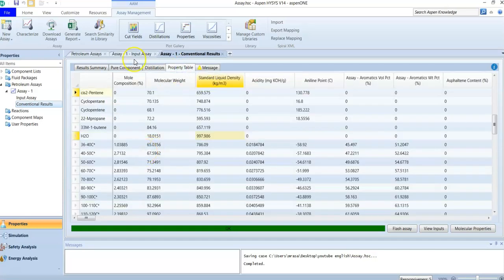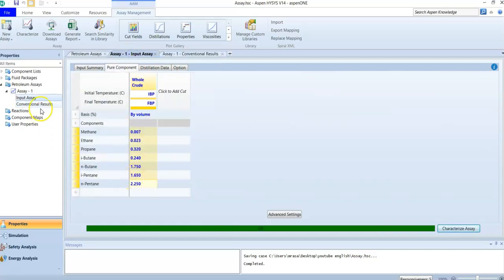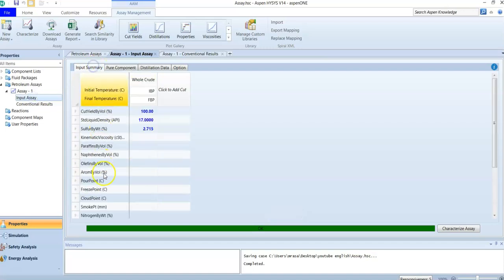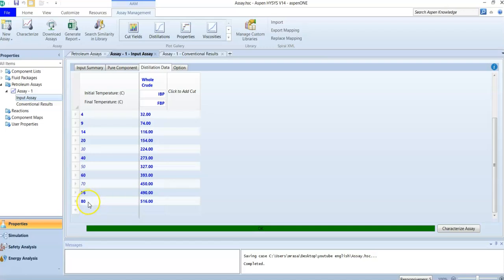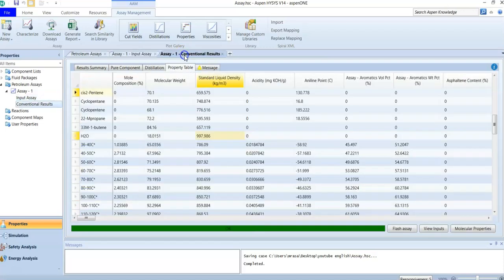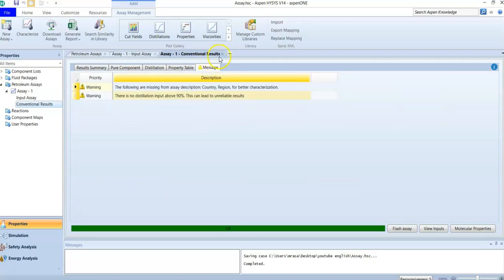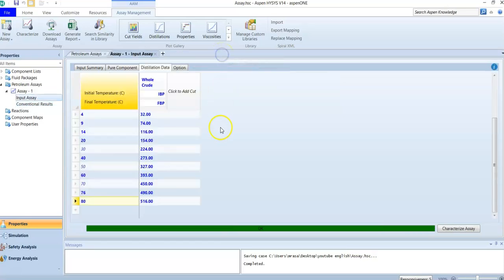You remember, when we edited the data, the input was only until 80%, so the 90% is not presented. So it's just an error or a message. If we had done this, it would be more reliable results, but this one, the result will not be the best. That's why the more data you add, the better it will be for your assay.